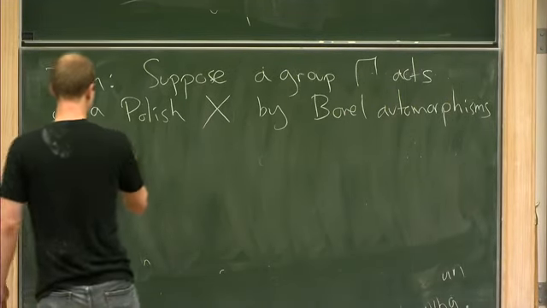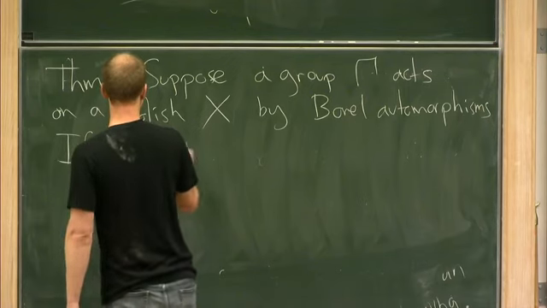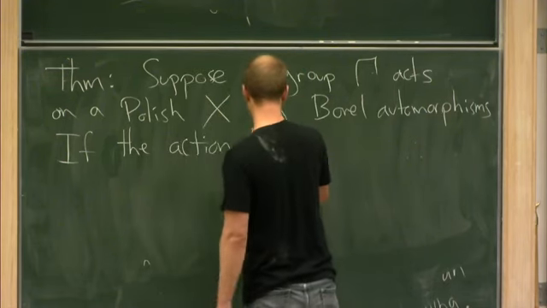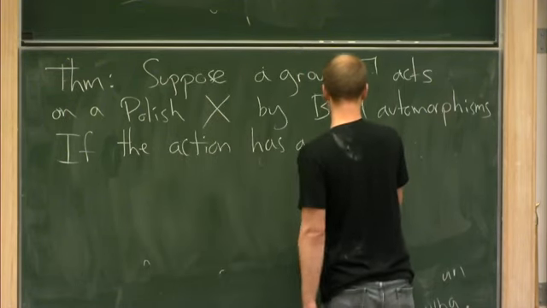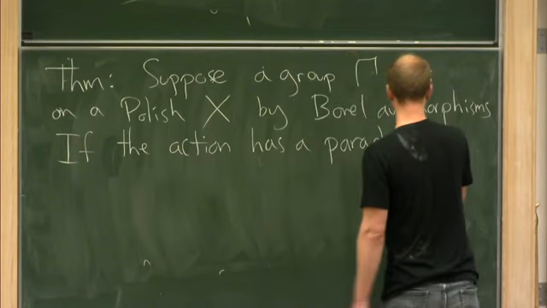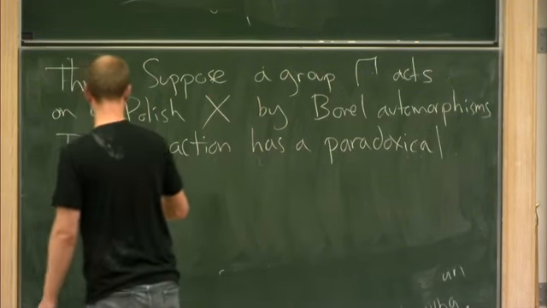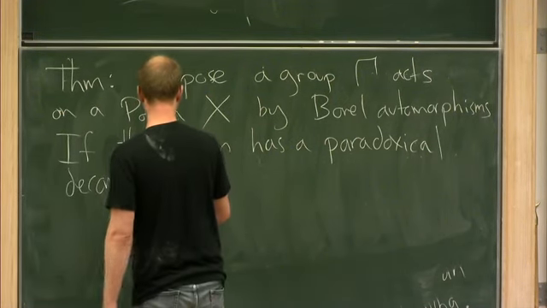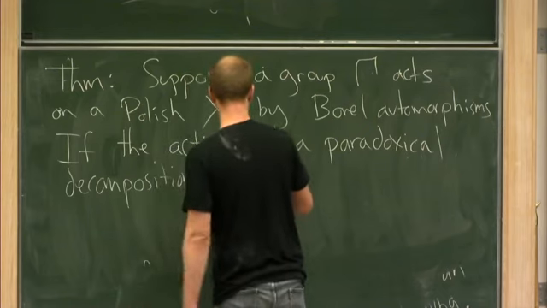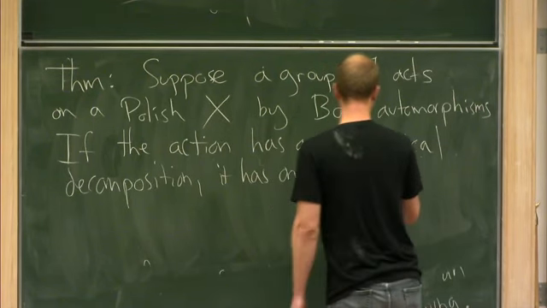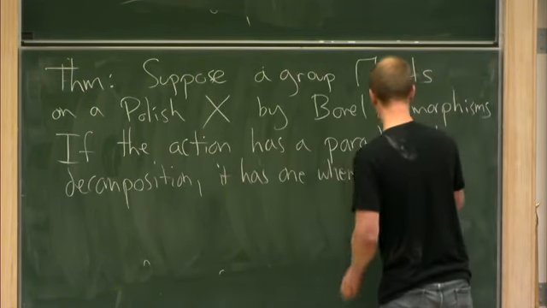If the action has a paradoxical decomposition, it has one where the pieces have the Baire property.